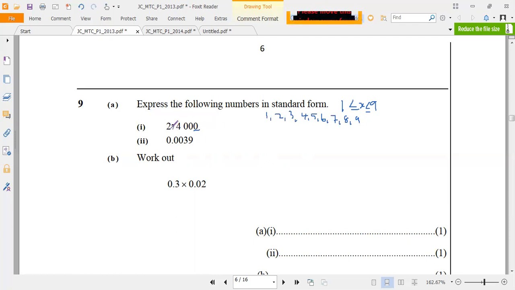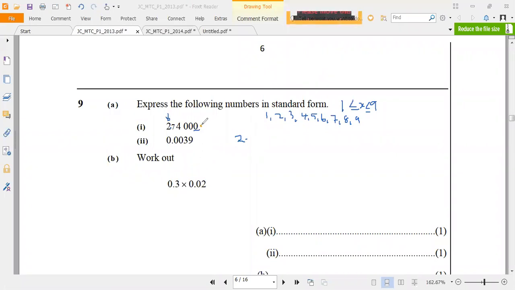For this one here, the number is 274,000. So we just need to leave one number, which is 2, before the decimal point. So this will be 2 point. Each number has a decimal point, which is always after the last number.